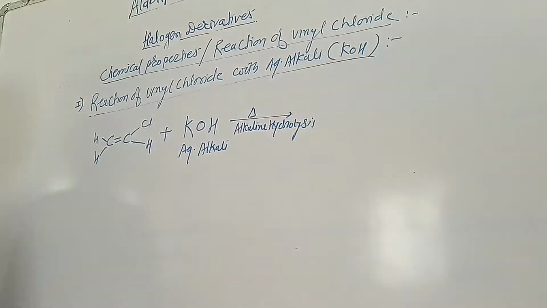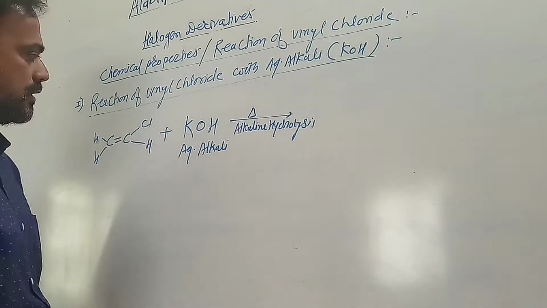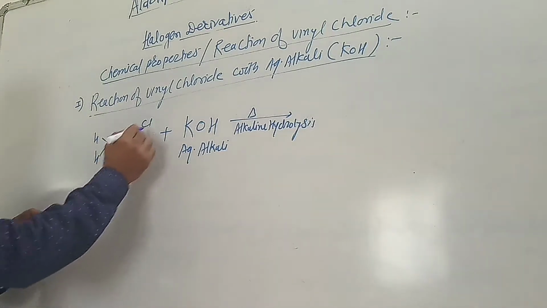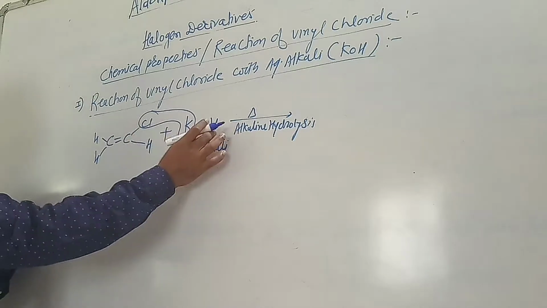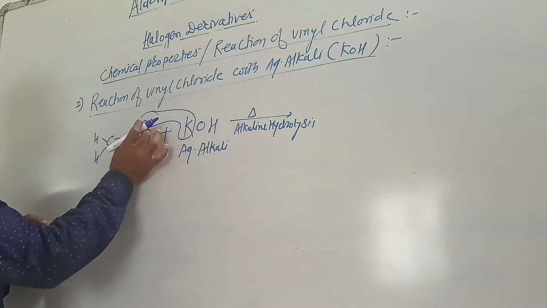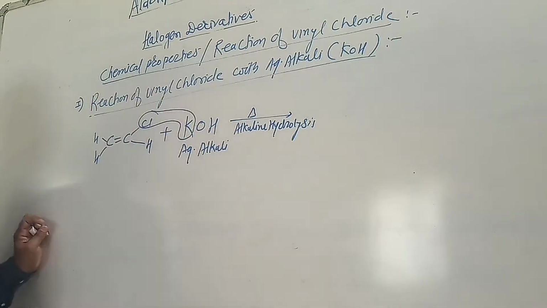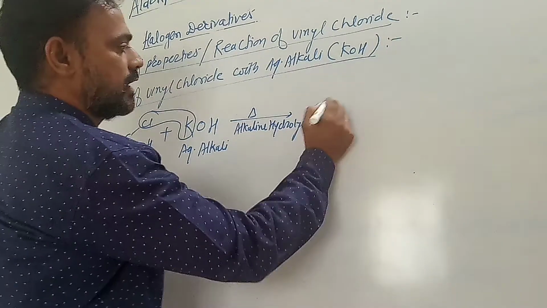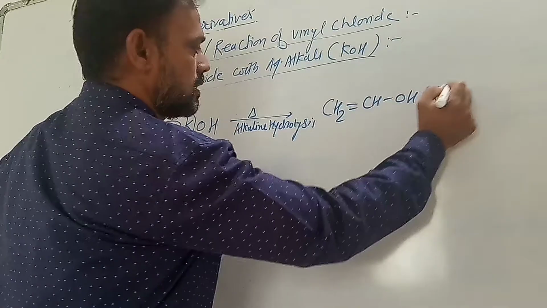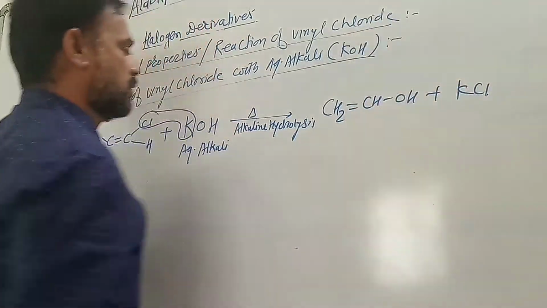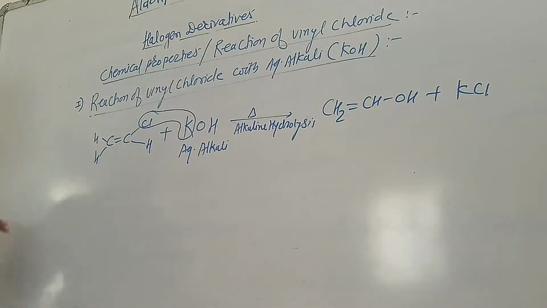This is a nucleophilic substitution reaction, because in this reaction the chlorine atom is replaced by OH negative, that is, the weaker nucleophile is replaced by the stronger nucleophile, and we get CH2=CHOH plus KCl.